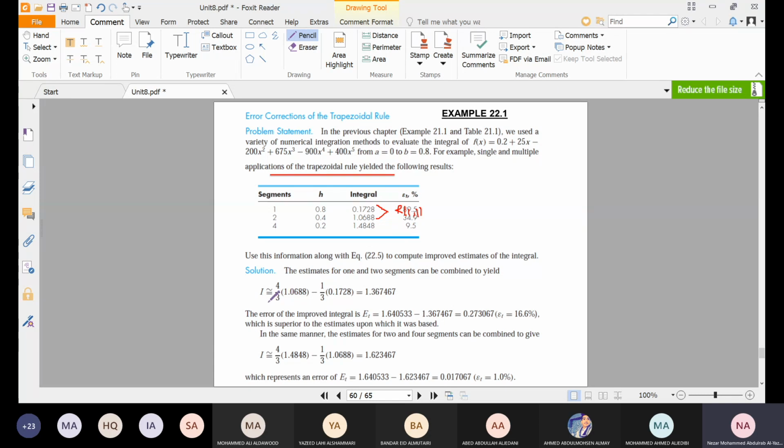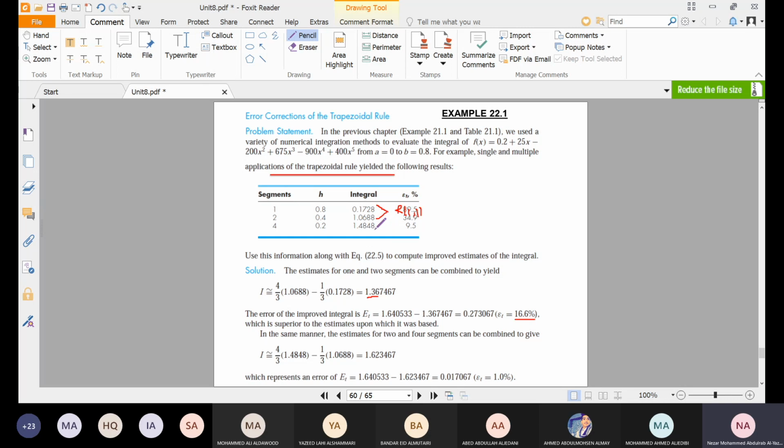So here we can use this rule, the Romberg rule. It equals 4/3 R10 minus 1/3 R00. In this case, we can get R11. So this is the new estimation. Okay, so in this case, we can reduce the error. You can see the error before was 34.9, and now we reduced the error to 16.6.